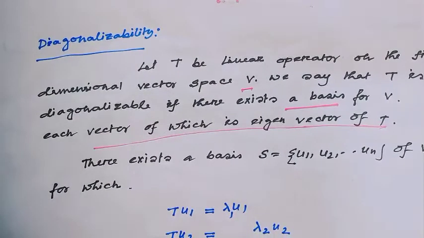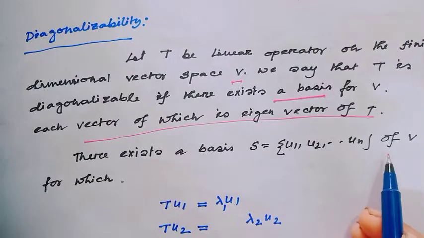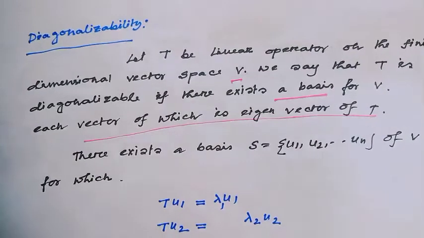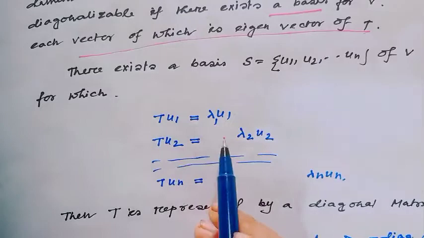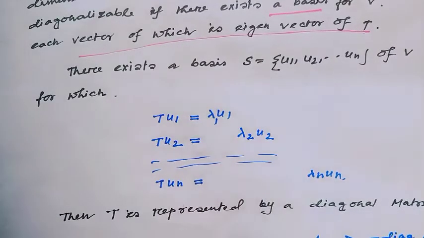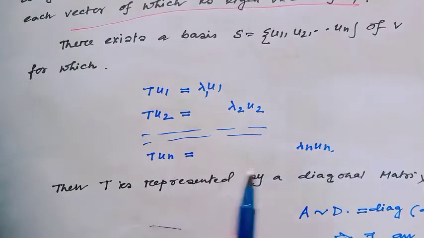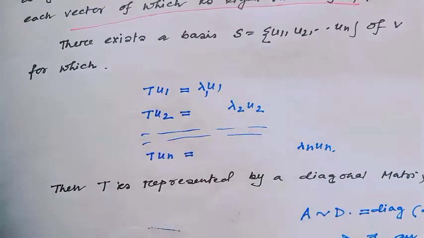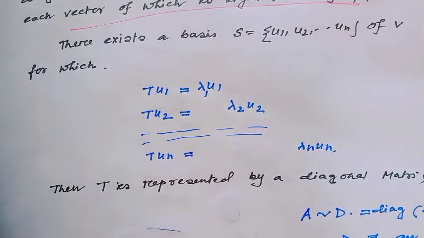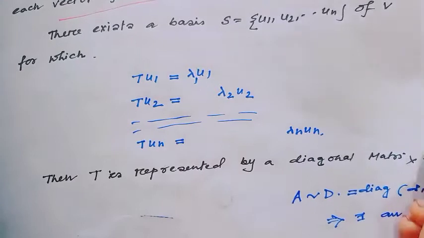That means there exists a basis u1, u2, un of the vector space V for which T u1 equals lambda 1 u1, T u2 equals lambda 2 u2, and this continues, then T un would be lambda n un. Then this T is represented by a diagonal matrix D.